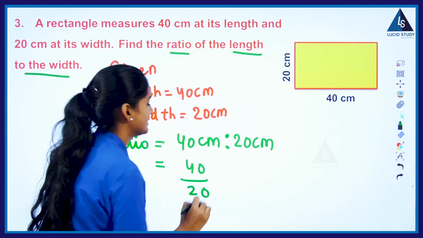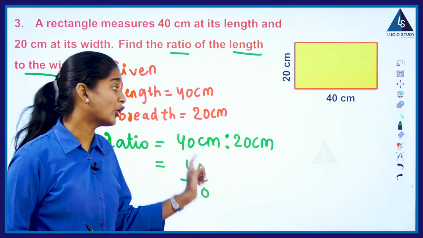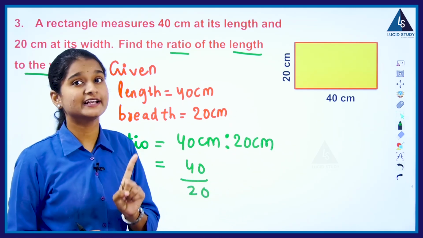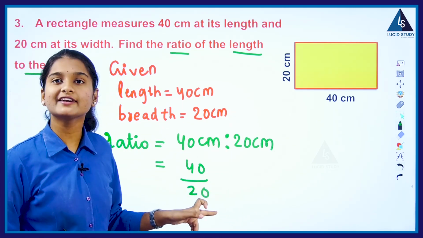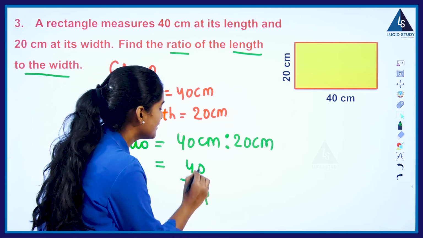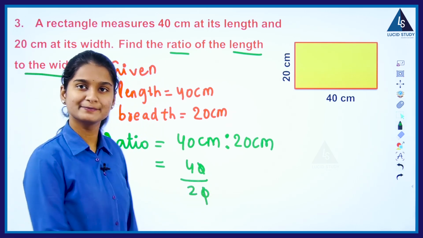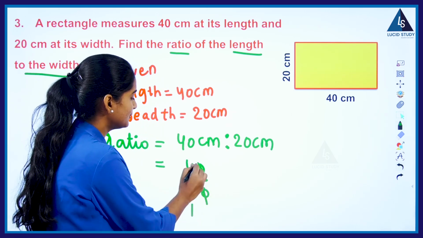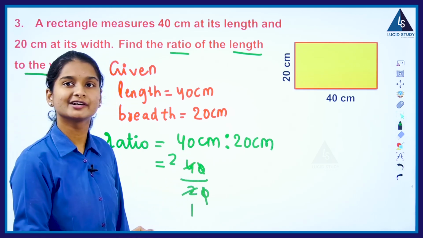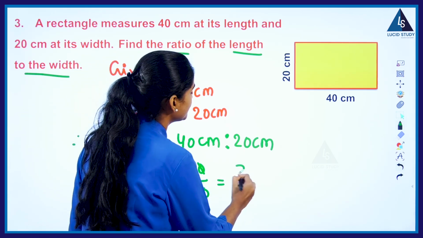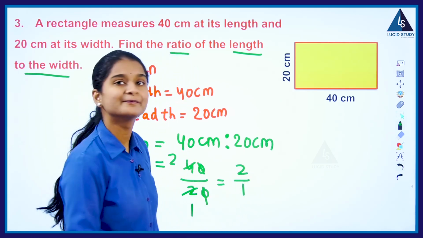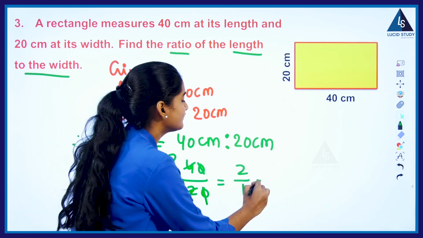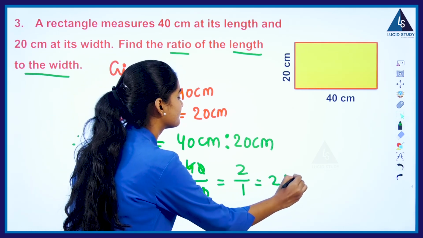We can write it as 40 by 20. 40 is to 20 can be written as 40 by 20. Now 0 and 0 will get cancelled. 2 ones are 2, 2 twos are 4. We'll have 2 by 1. 2 by 1 is nothing but 2 is to 1.